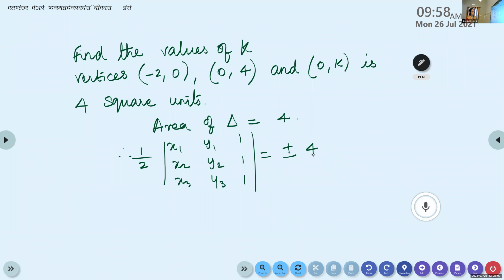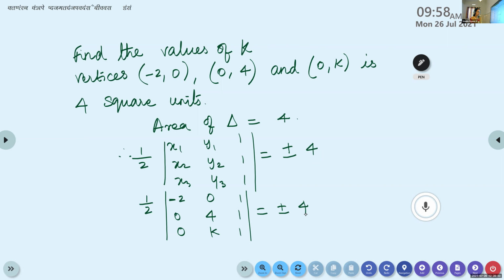Both are allowed, we have to consider both the cases. So it is half into the determinant; substitute the values here: minus 2, 0, 1, 0, 4, 1, 0, k, 1 is equal to plus or minus 4.